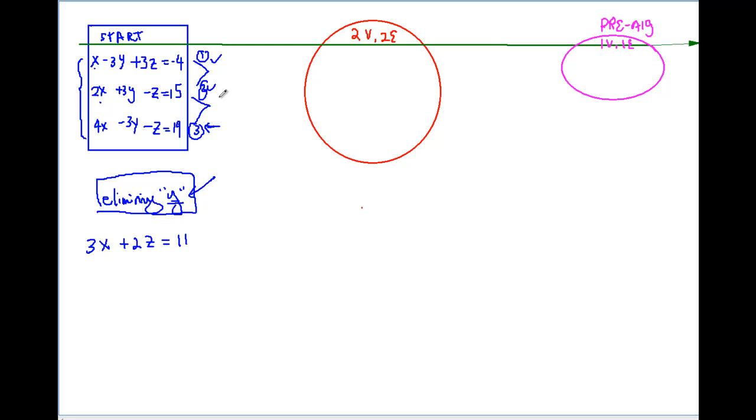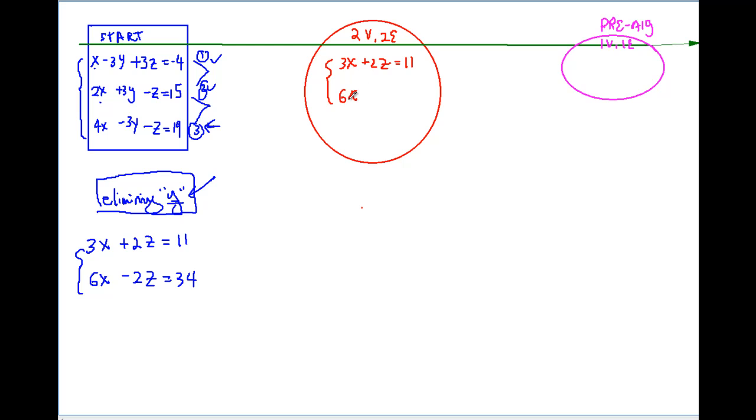I can use 3 and 1 or 2 and 3, it doesn't matter, so long as every single one of them is involved at least once. Now, the easiest thing for me to do here, of course, is add 2 and 3. The reason is my variable y disappears nicely. This is equation 4 here. All right, now let's change our color of pen. So here we have a very nice 2 variable, 2 equation system.